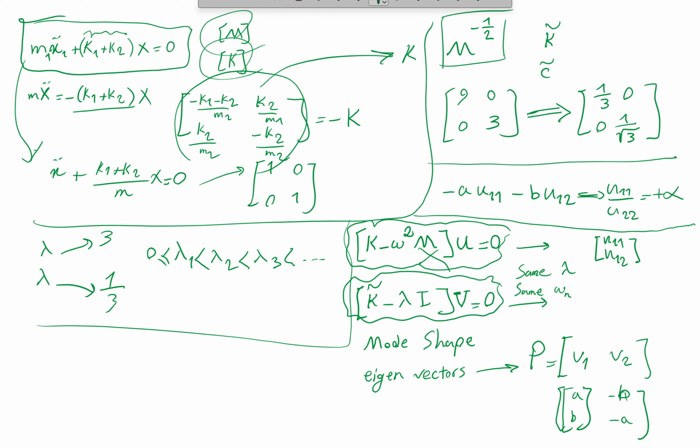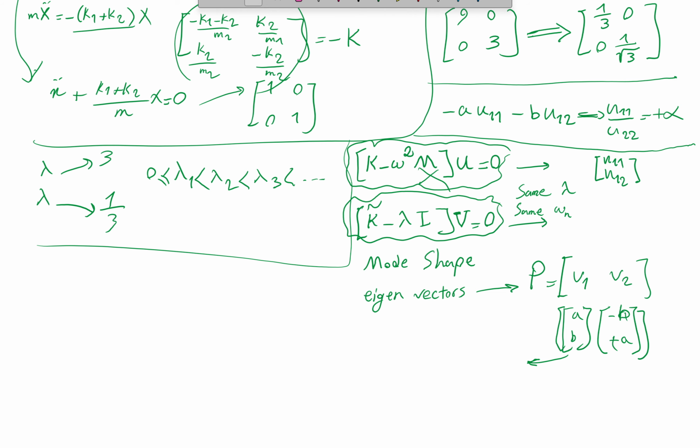So this will be your first eigenvector, this would be your second eigenvector, and pay attention, these eigenvectors should be 100% normalized.